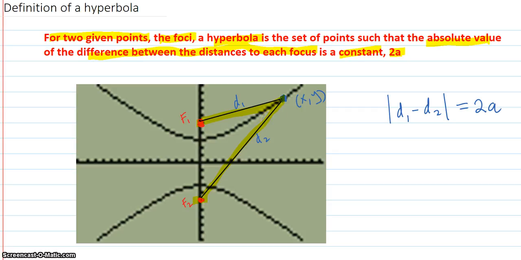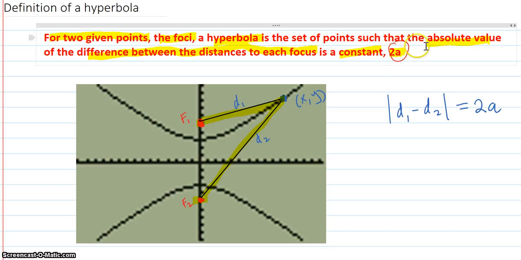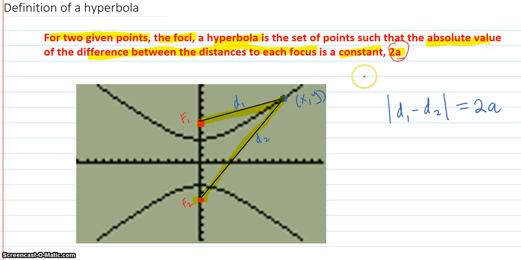Now, if you show the subtraction the way I'm going to in a moment, you'll start to see that this 2a is very important and that the a has a very special meaning on this picture.